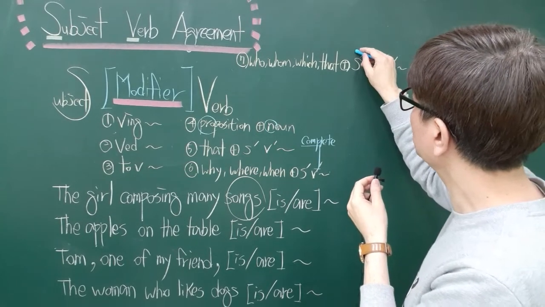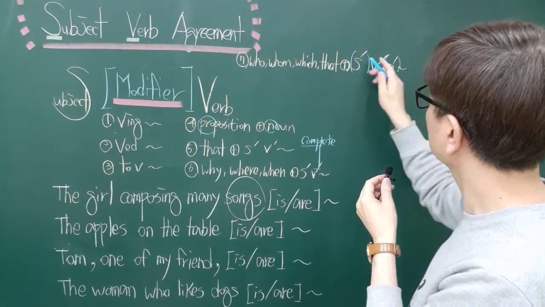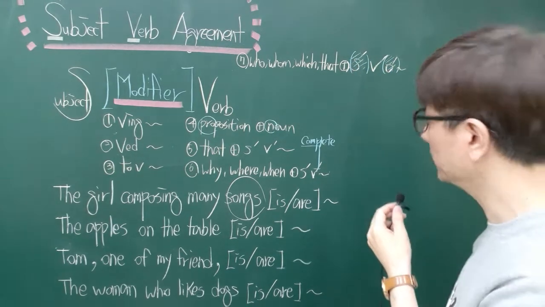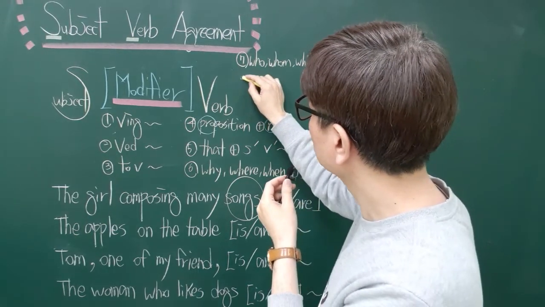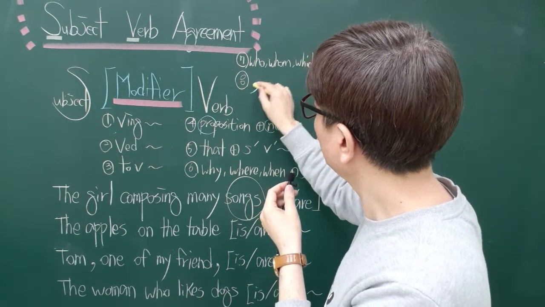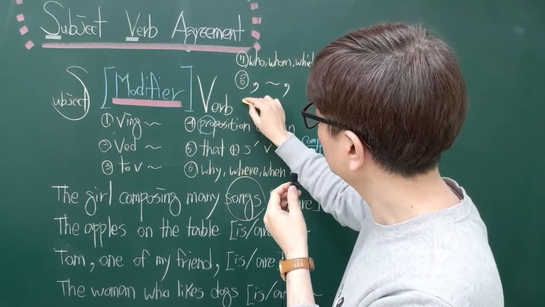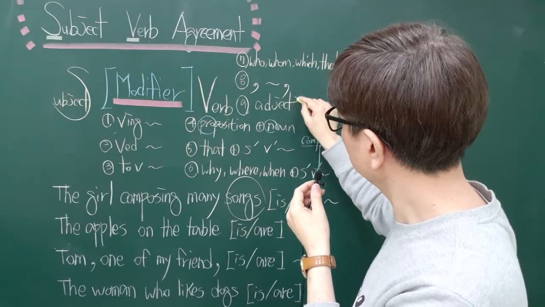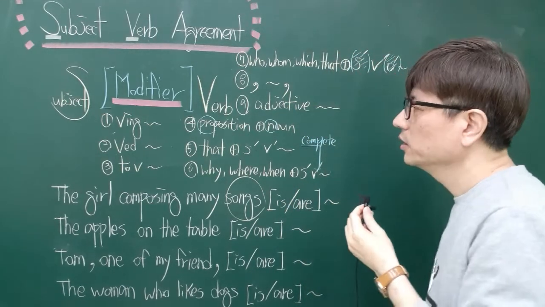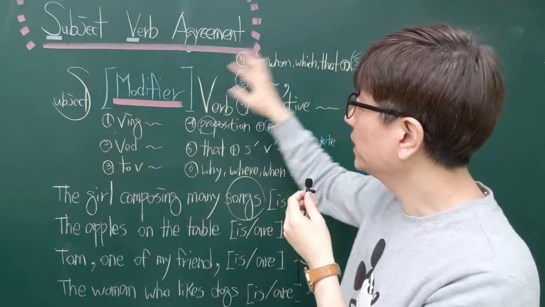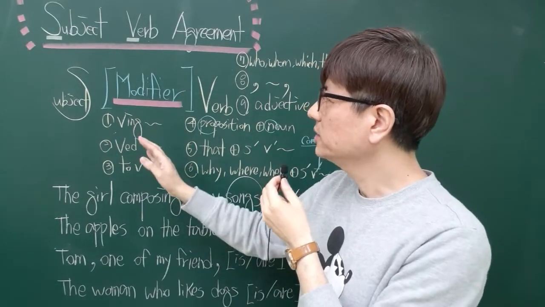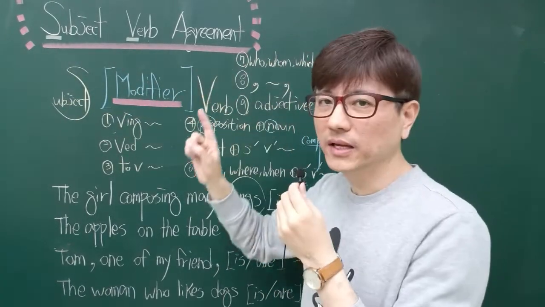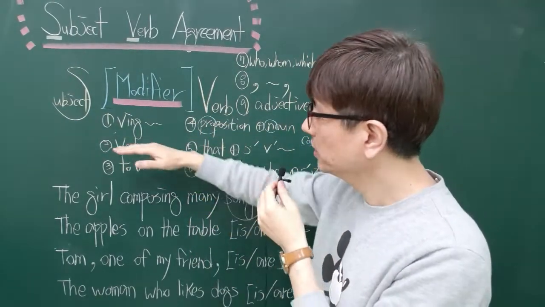You need to get rid of either the subject or the object, making an incomplete sentence. Number 8, comma, comma. Number 9, adjective, blah, blah. You have to memorize those 9 kinds of modifiers. Like this, a modifier might be situated between the subject and the verb. So once again, 9 things you have to memorize.